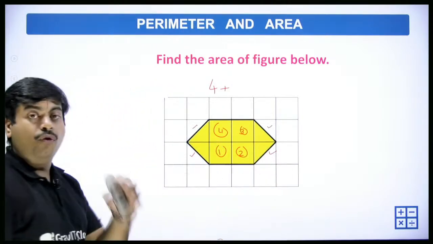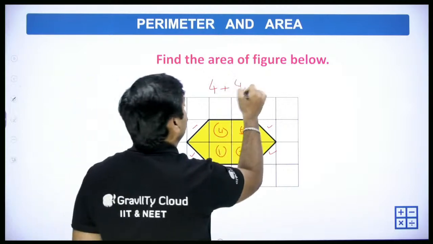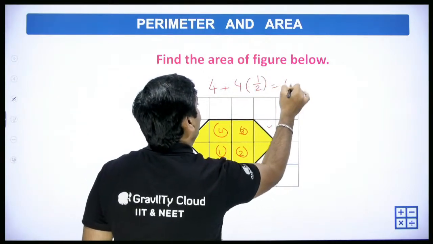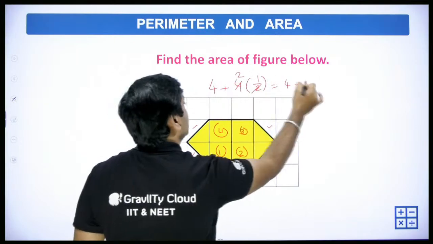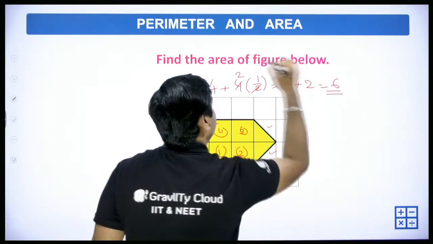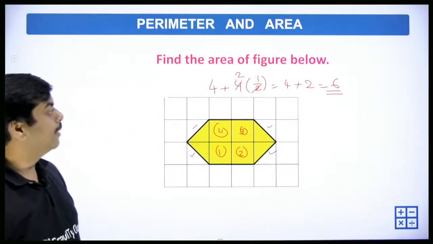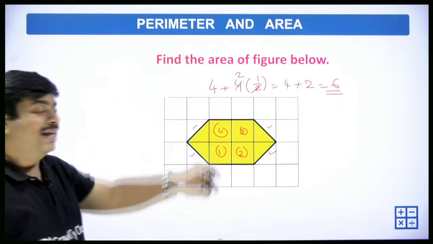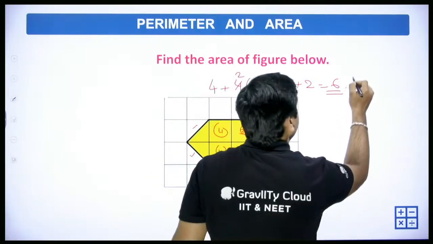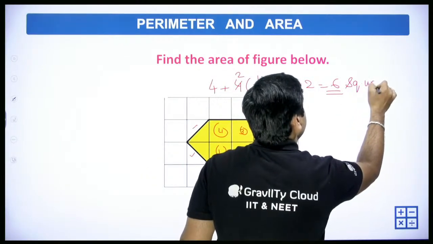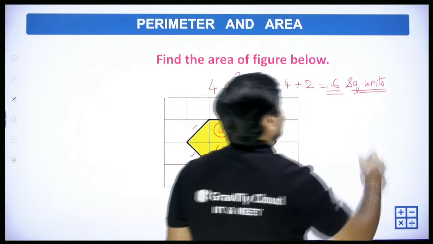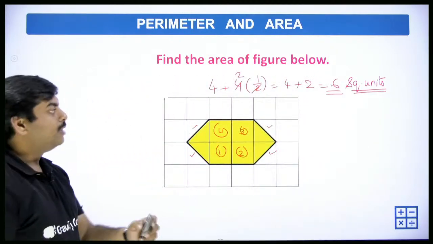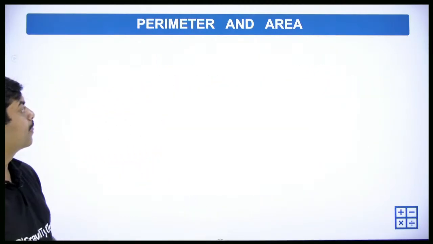So we have a total of 4 halves. 4 into half, so 4 plus 2, which is 6. But area has units: 6 square units, correct? Alright, next one.